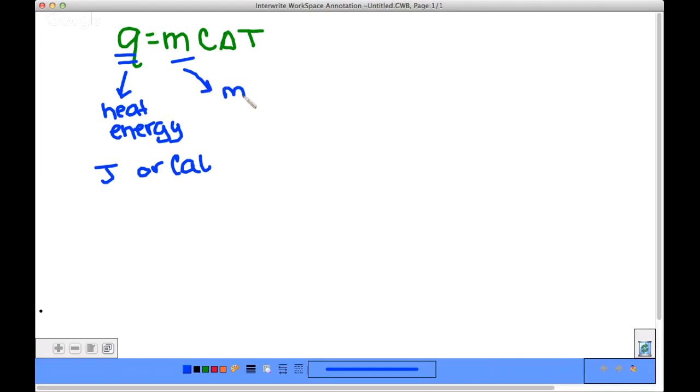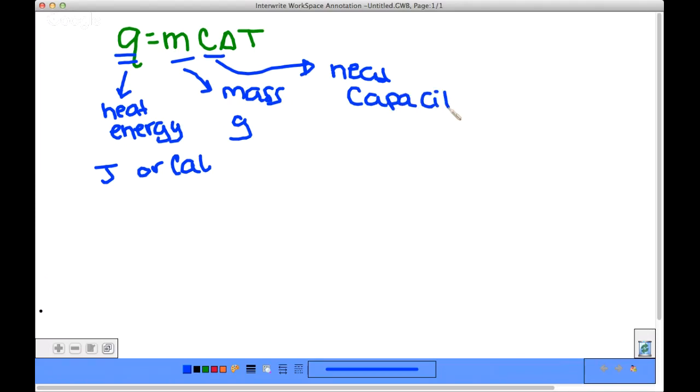M represents your mass, which will always be in grams. C represents your heat capacity, and that's in joules over grams times degrees Celsius, or it could be in calories over grams times degrees Celsius. So it can be in several different ways.